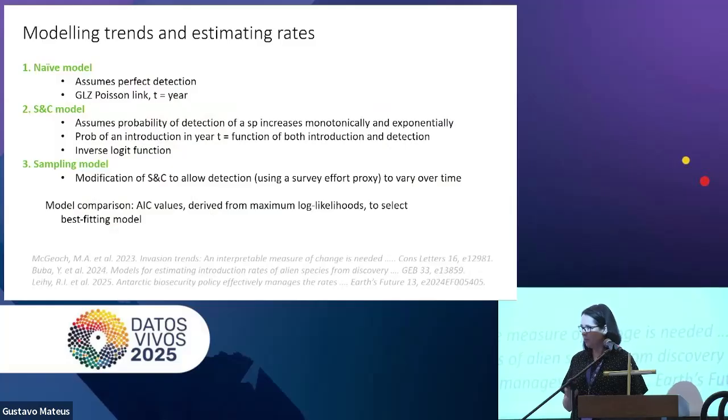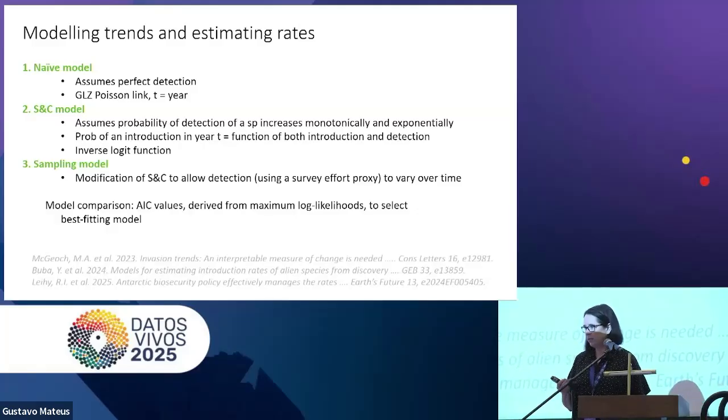So we're busy working on this at the moment using some published models for estimating the rates of introduction and establishment. I'm just going to talk today about the naive model and the sampling model. The naive model basically assumes perfect detection. It ignores the fact that there might be a lag in detection.